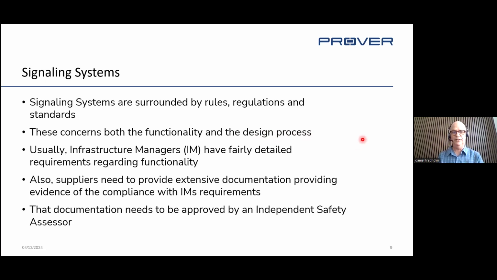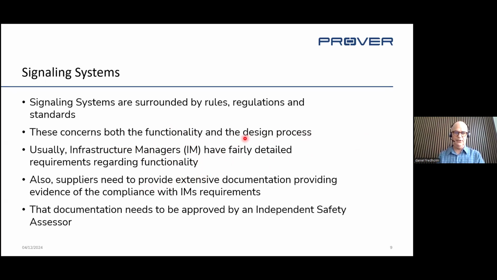What kind of steps and measures do you actually need to take if you're a supplier of a signaling system? And usually it's the infrastructure manager, the IM, that's the one who's in charge of these things.